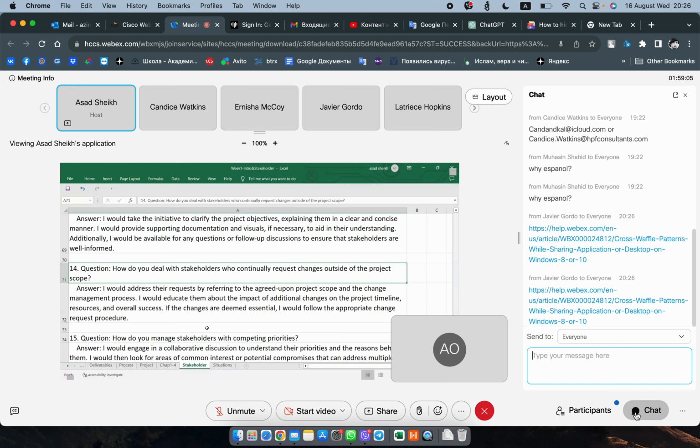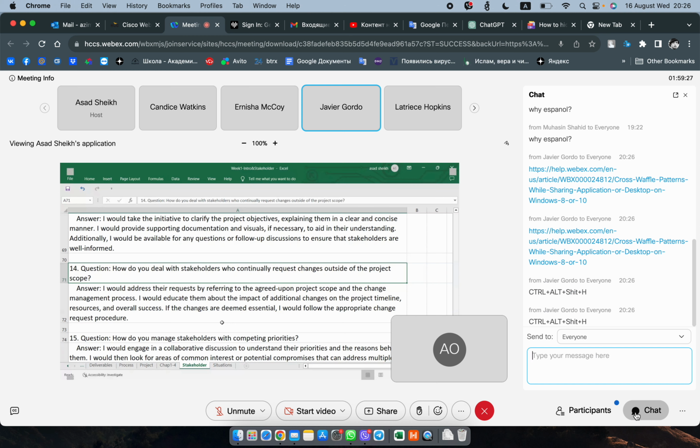Somebody sent me something. So Javier, did you send me something? Yeah, I did a little bit of research while you were speaking on those blocks that we're seeing. It turns out there's a WebEx thing. If you do Control-Alt-Shift-H, and this is from their website. It supposedly clears the screen, so next time it should not happen anymore. Okay, hold on, let me write this down. I put it in the chat. Oh, you did?